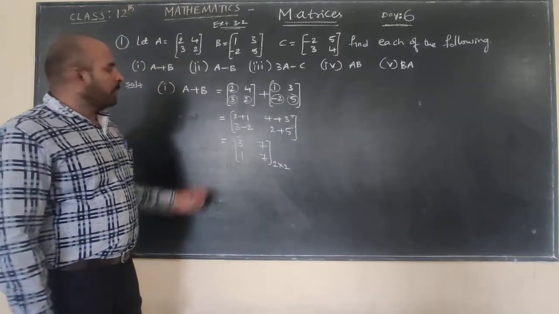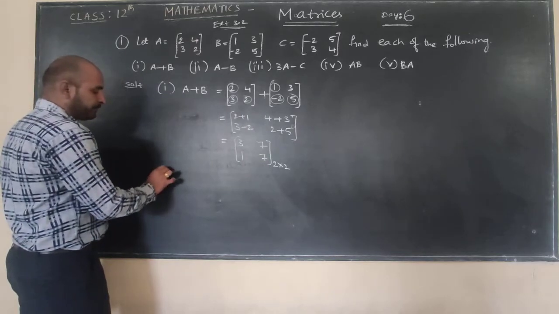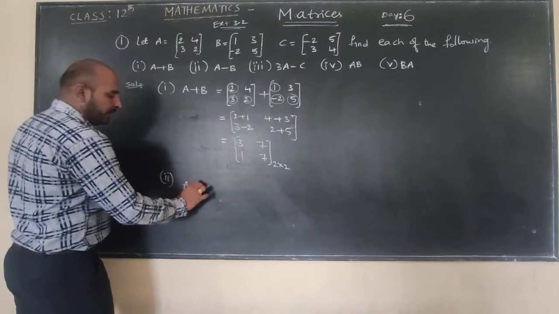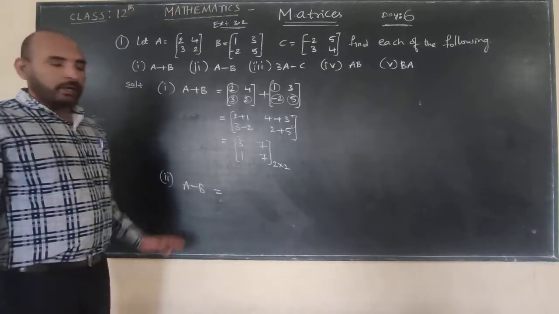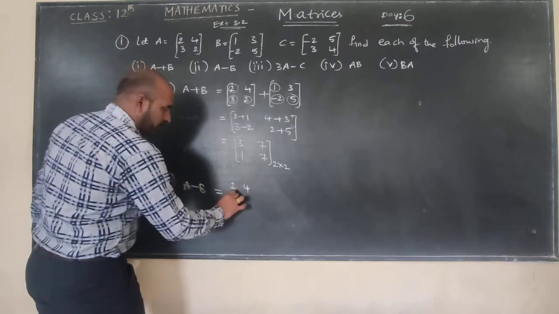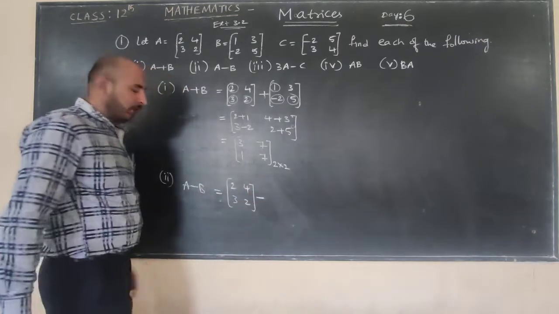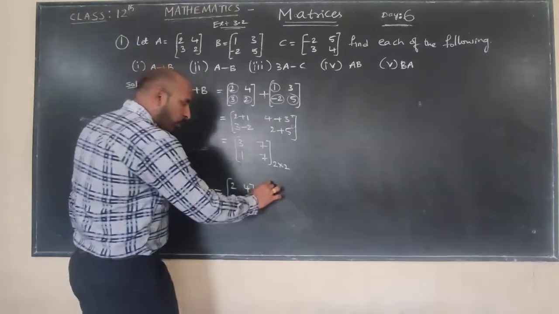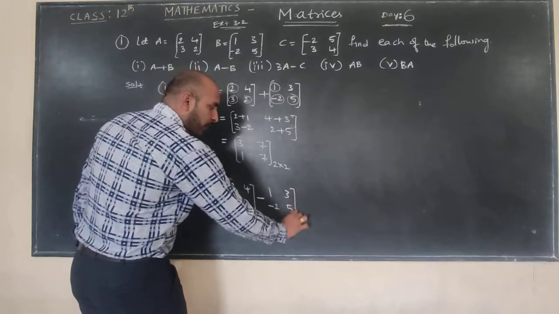Next, coming to the second bit. What is the second bit here? A minus B, the difference of two matrices. Capital A is 2, 4, 3, 2, minus B matrix, which is 1, 3, minus 2, 5.